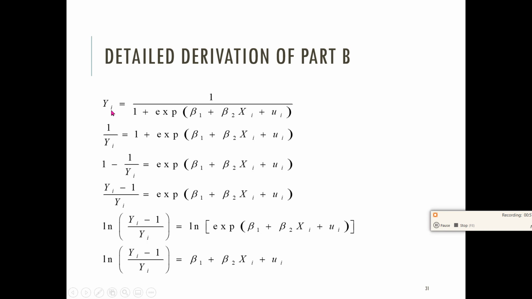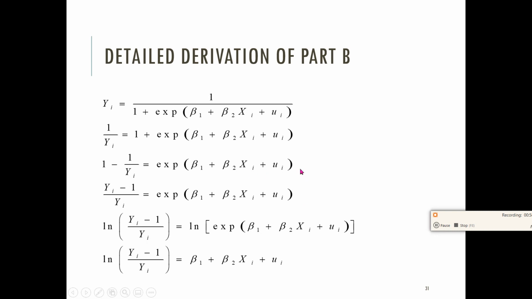If I want to make it linear, suppose I reciprocate this, so I get 1 over yi is equal to the reciprocal, which becomes 1 plus exponential of the entire thing, and then this 1 shifts to the left side. Now it's quite easy if you just let this derivation sink in.